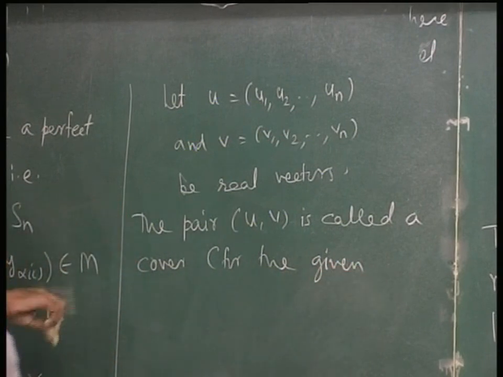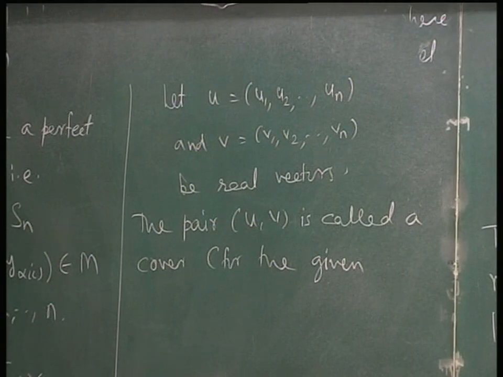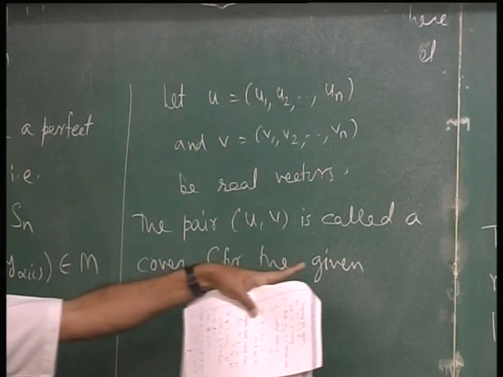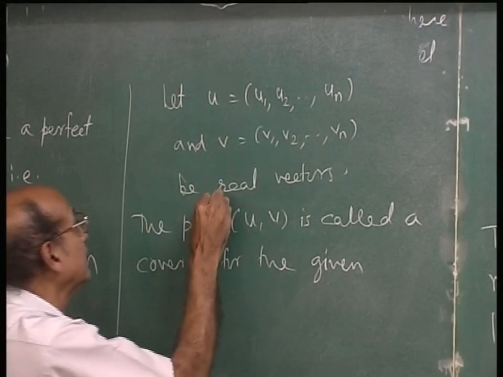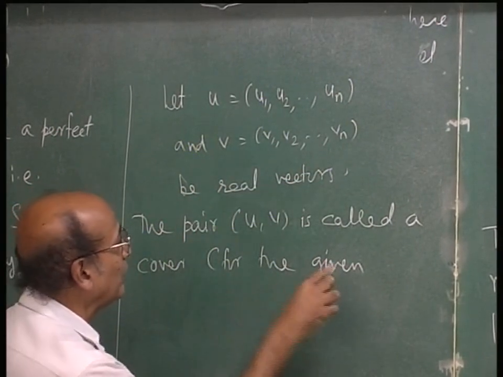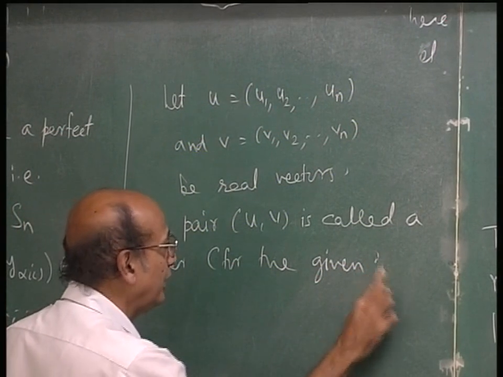See, the idea now is this is getting more complicated. Now you have the weighted graph, therefore these are weighted covers. These are real numbers, real vectors for the given problem, weighted problem.